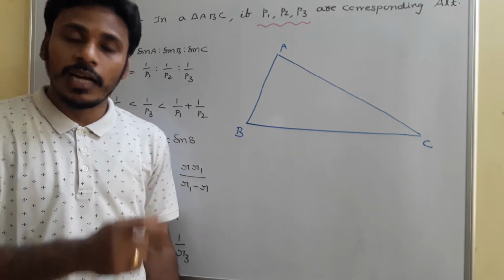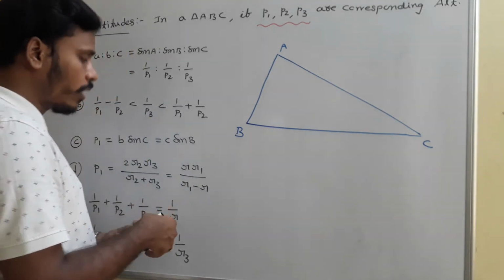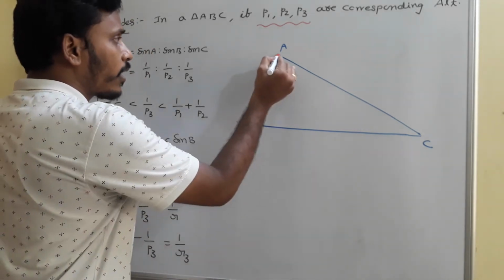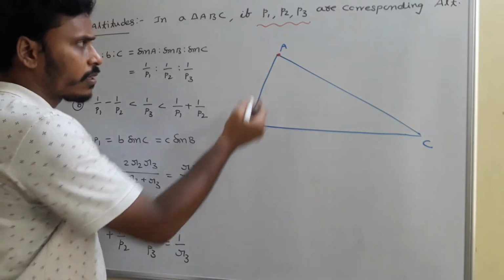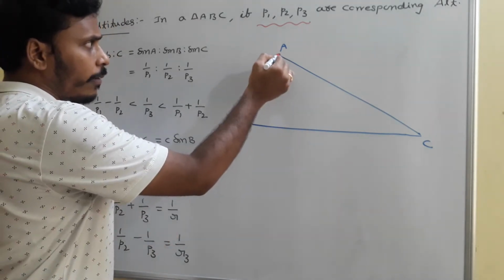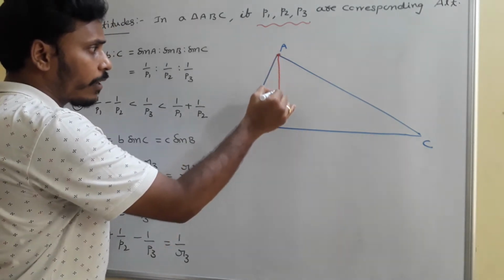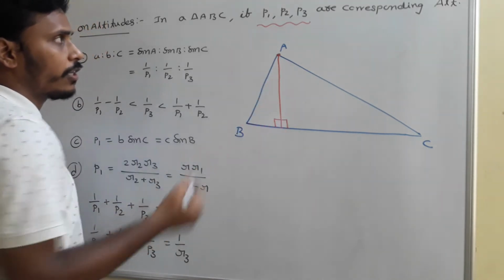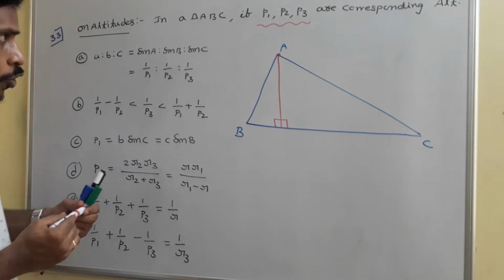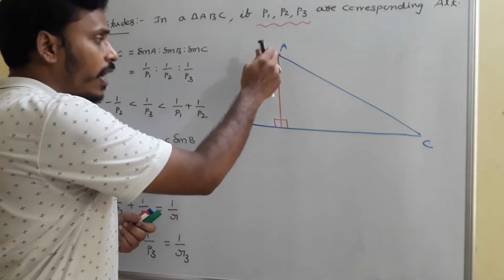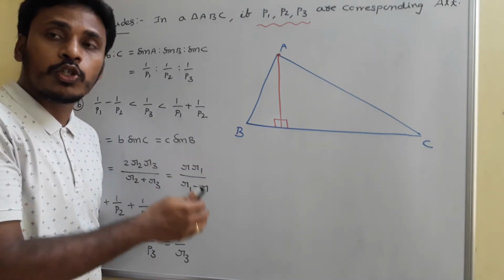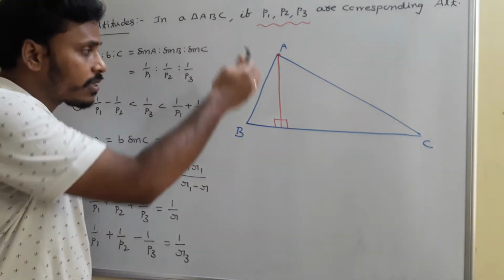We can draw a perpendicular from any vertex; generally I am starting with A. From this A, if you draw a perpendicular to the opposite side BC, this is the altitude, and this altitude is also known as the height of the triangle.